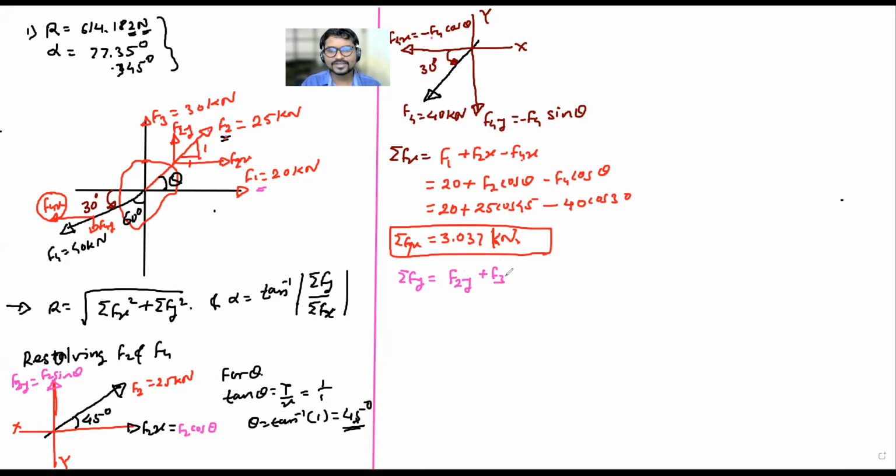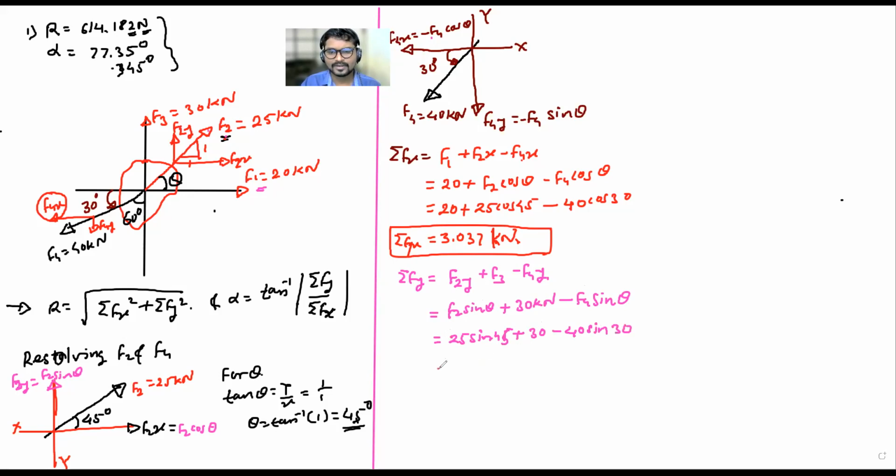Plus. प्लस F3, हा पुढं Minus F4Y. F4 चा y कंपोनंट डाउनवर्ड आहे म्हणजे मायनस येणार. सो दॅट इज इक्वल्स टू F2y means F2 sin theta plus F3 is 30 kilonewton minus F4y means F4 sine of theta, that is equals to F2 is 25 sine 45 plus 30 minus F4 is 40 sine of 30, na?